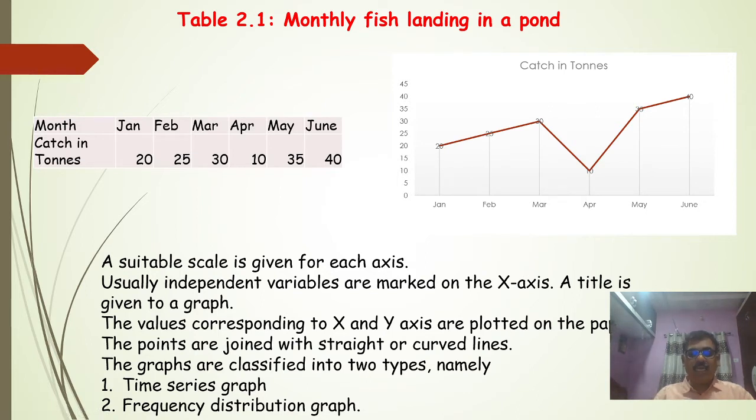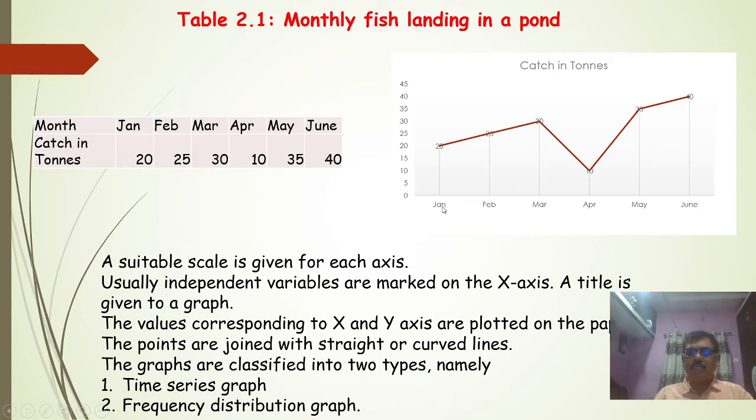A suitable scale is given for each axis. Usually, independent variables are marked on the x-axis. A title is given to a graph. This is the title of the graph, table 2.1, monthly fish landing in a pond. The values corresponding to the x and y axes are plotted on the paper.